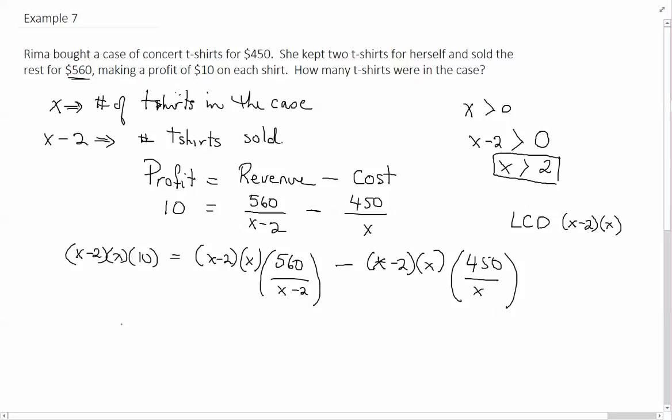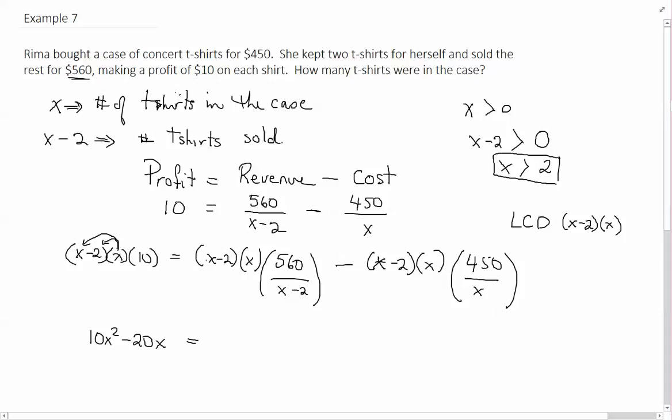We multiply through, we have x minus 2 that gets multiplied by x times 10, so we have 10x squared minus 20x, and that's going to equal this monstrosity here.